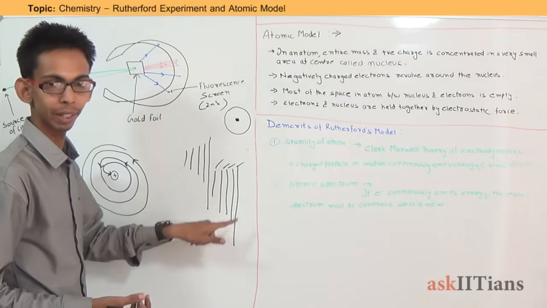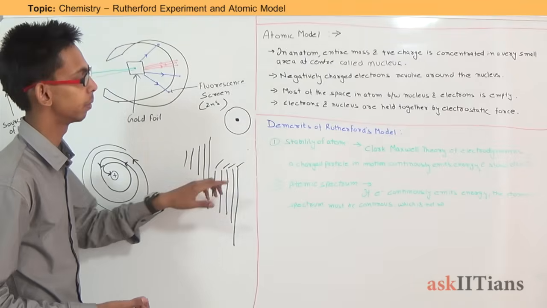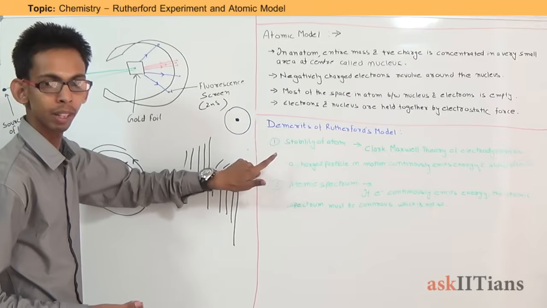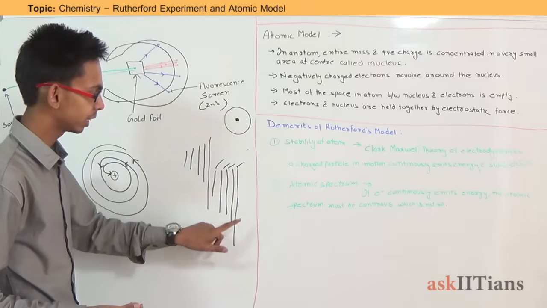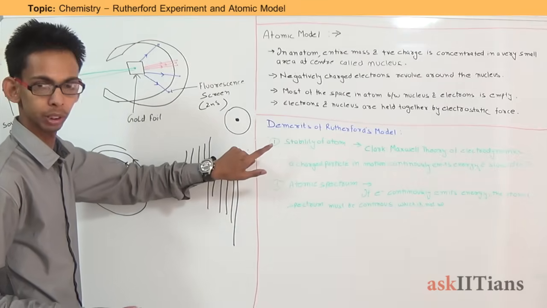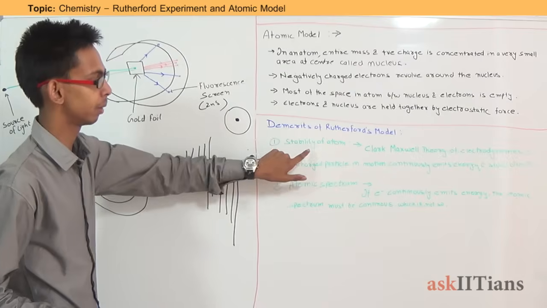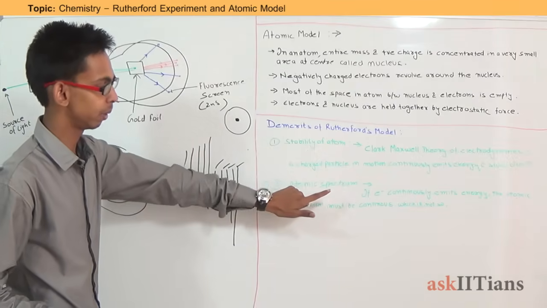This line spectrum was also not explained by Rutherford's atomic model. These were two demerits of Rutherford's model. First, it was unable to explain the stability of atoms. Secondly, it was unable to explain the atomic spectrum.